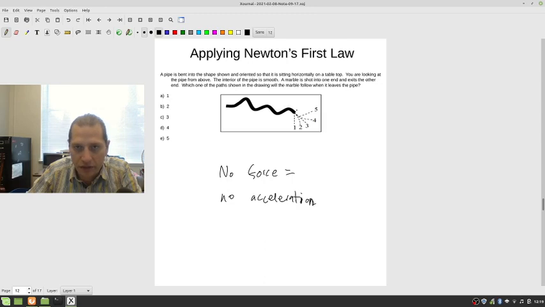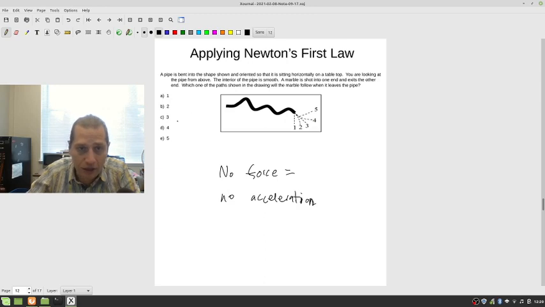Once it leaves the end, though, the only forces acting on it are the force of gravity pulling down and the normal force pushing up, but those are not acting in this back and forth direction. So, in the back and forth direction that our marble that we're looking at, there's no force. So, which one of the paths shown has no acceleration?